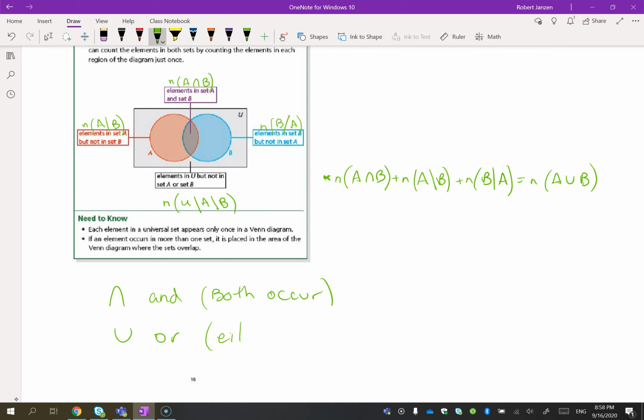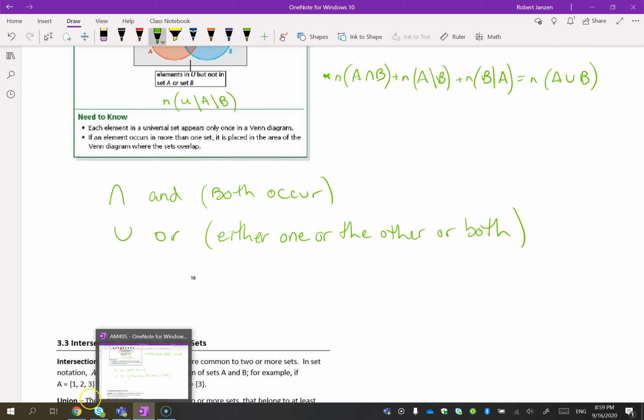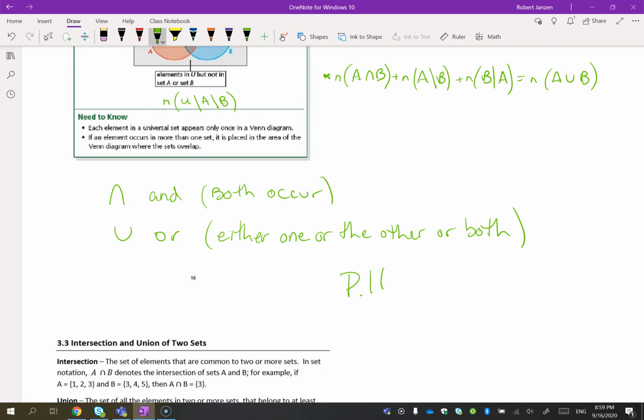And this one means either one or the other or both. Okay? So if you could do page 160, numbers 1 to 5.